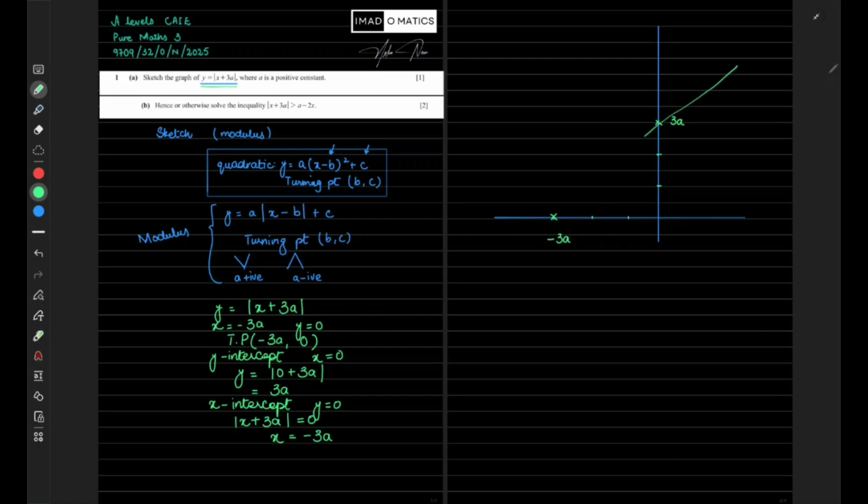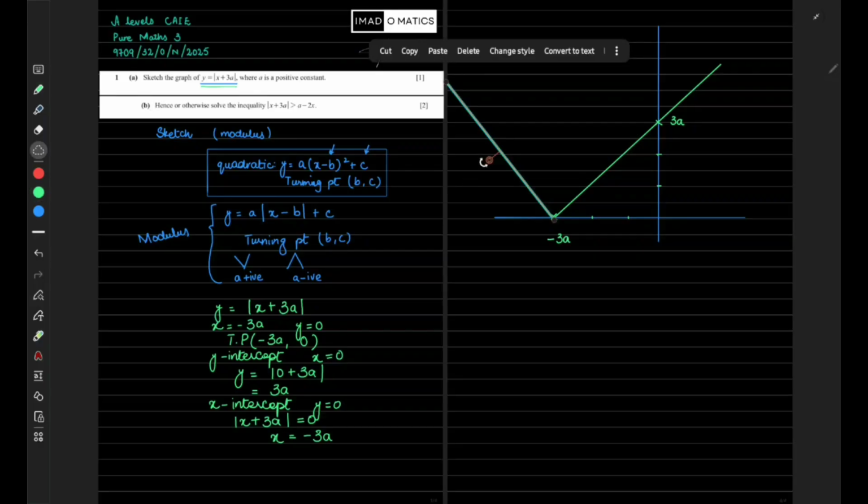Now join these lines. Okay, this is your sketch for the modulus equation.